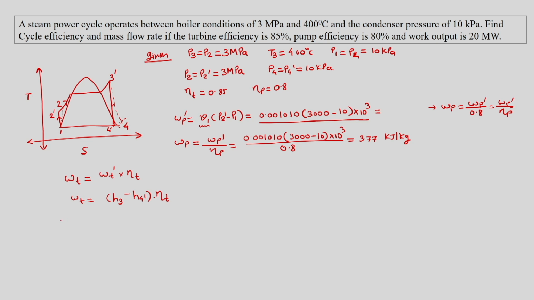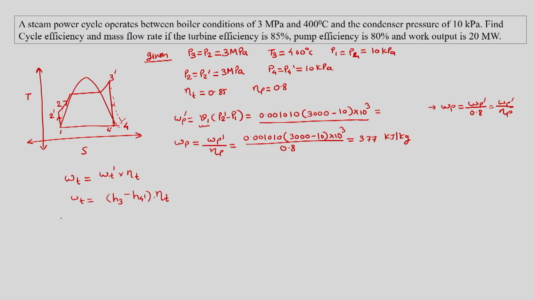So now we can find out H3 from the steam table. We go to the conditions of 3 megapascal, go into the superheated part and see the temperature 400 degrees Celsius, and we can get H3.